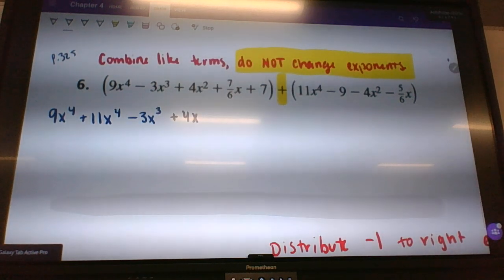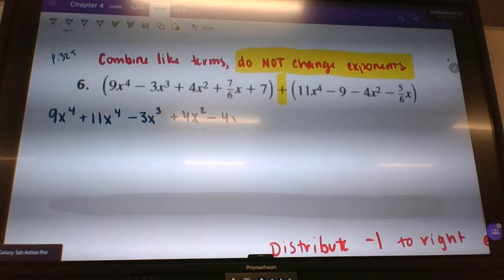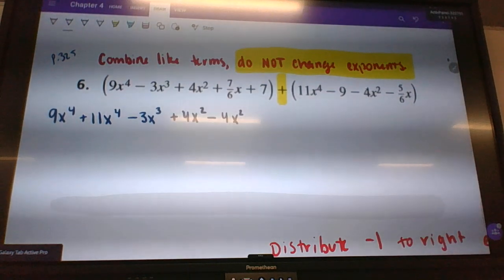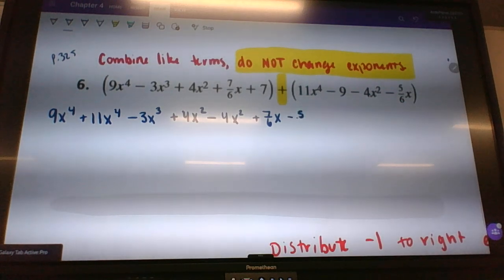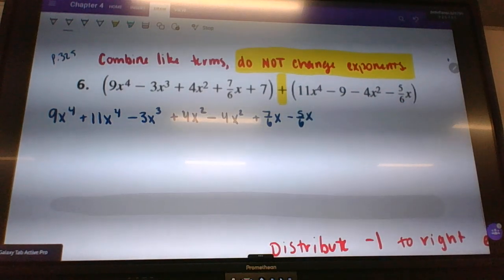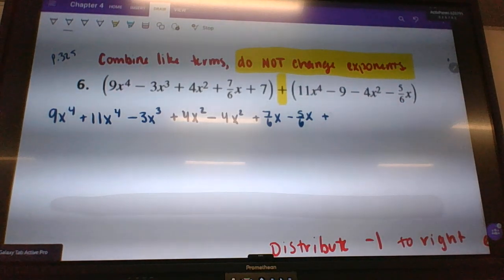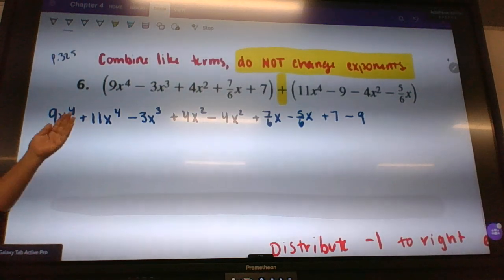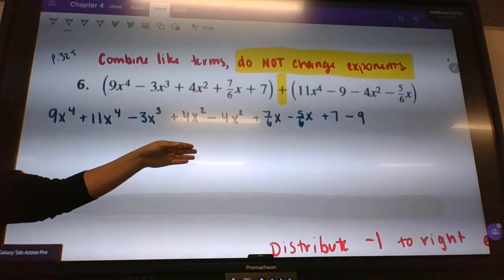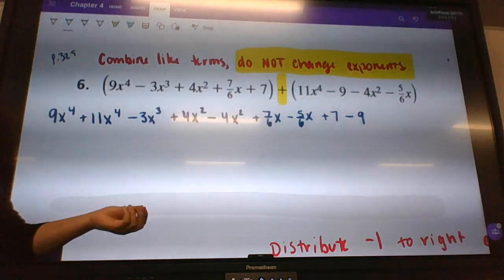I see a positive 4x squared and a minus 4x squared. I see 7/6 x minus 5/6 x. And I see a 7 and a -9. So I went ahead and just paired up all of the like terms next to each other, so combining them is more clear.